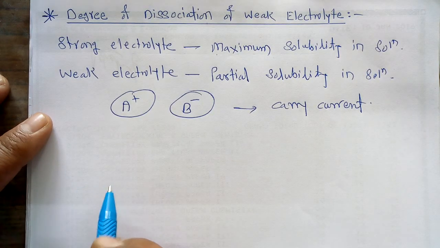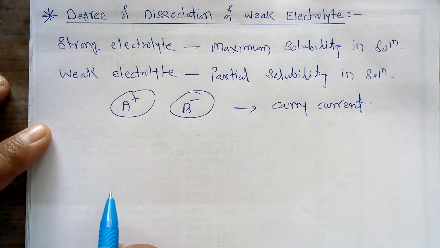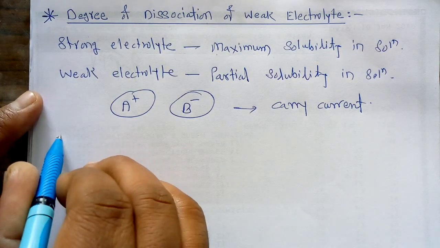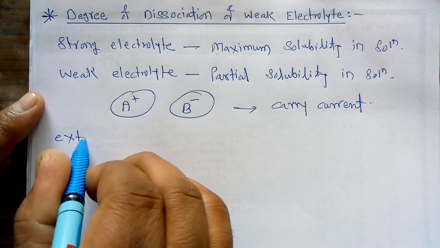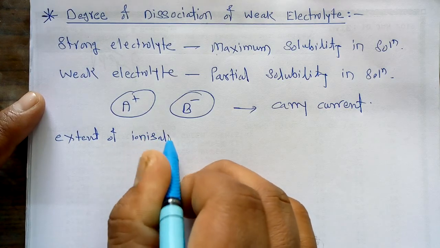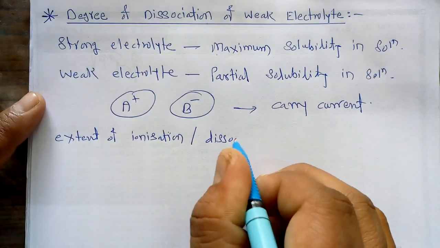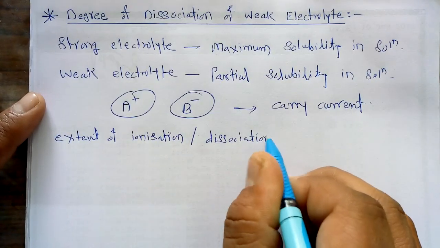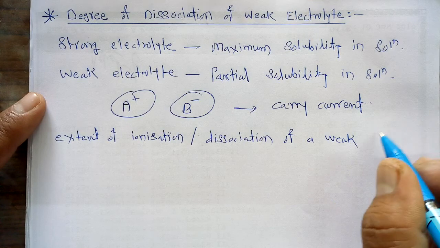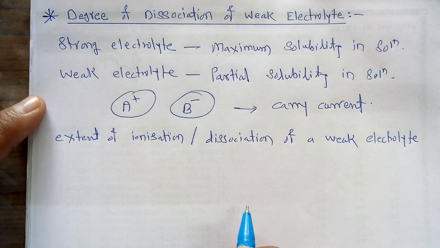Degree of dissociation is the phenomenon of a solution in which we get an idea regarding the extent of ionization or dissociation of a weak electrolyte in a given solution of a given concentration.